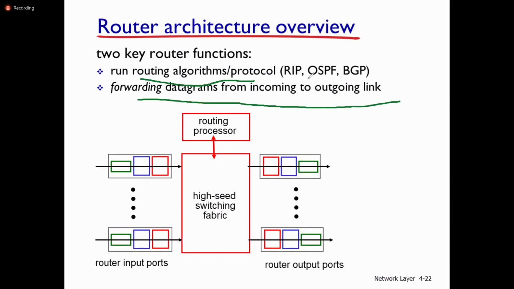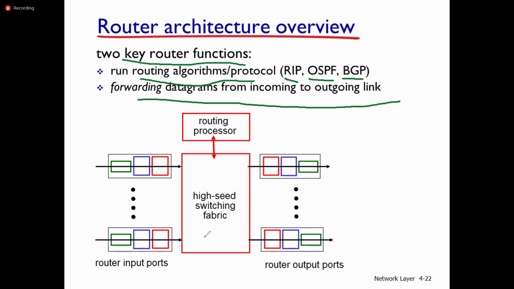These are some of the routing protocols: Routing Information Protocol (RIP), Open Shortest Path First (OSPF), and Border Gateway Protocol (BGP). So these are the two key functions we have seen already: one is routing, the second is forwarding.